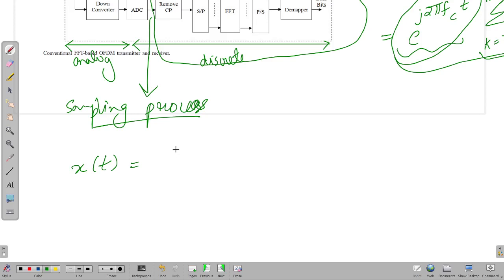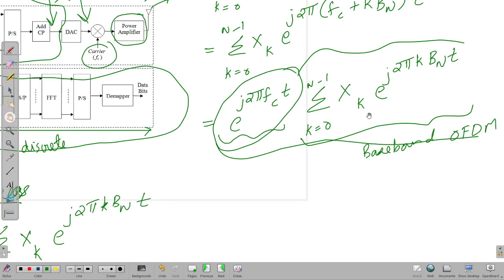I have here summation k equal to 0 to N minus 1, X_k e raised to j 2 pi k B_N t. So that is the baseband OFDM part.